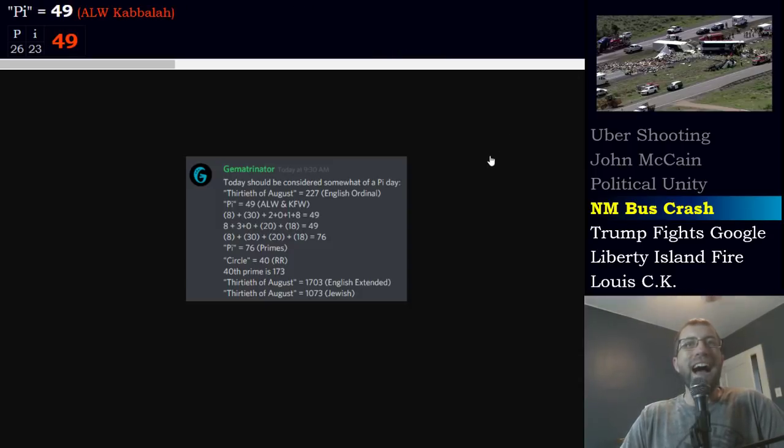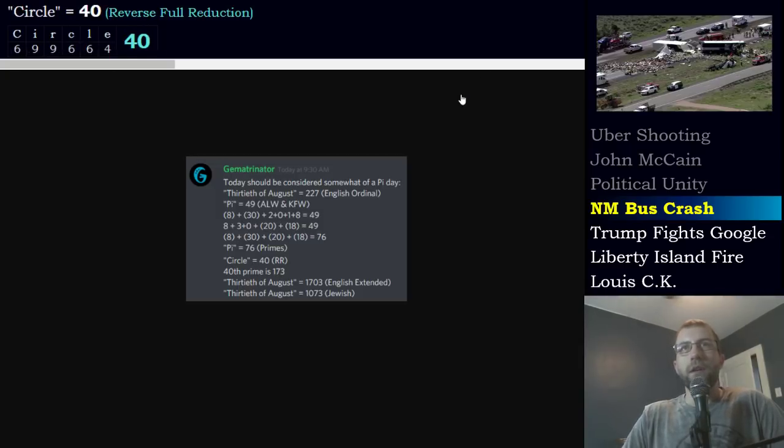In the Kabbalah, pi has double gematria of 49. And the date had double numerology of 49. Also numerology of 76, like pi using prime numbers. Lastly, there's this bizarre observation. Think about how the word circle equals 40 in reverse reduction.